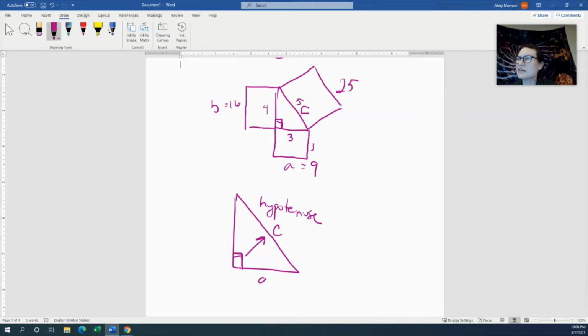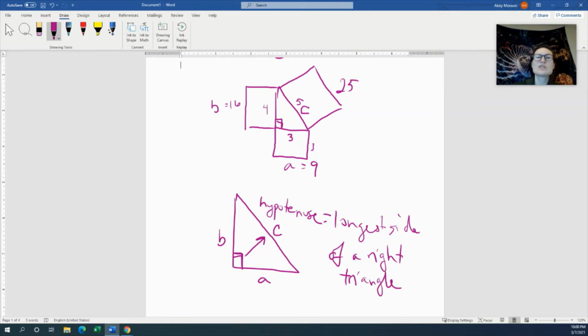It doesn't really matter where you put them, you can put them on either side. Just make sure that C is always the longest side. The hypotenuse is the longest side of a right triangle. And remember that a right triangle is a triangle with a 90-degree angle. Okay? So now let's take a look at an example.